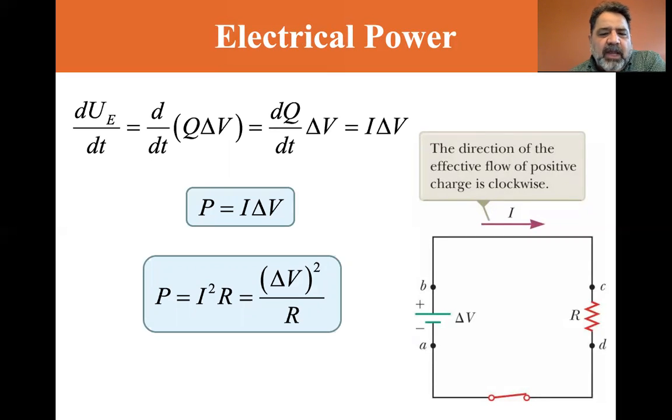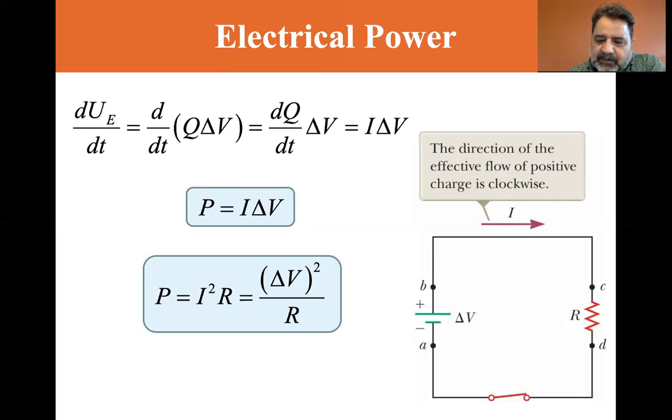Power is equal to I squared R, and it's also equal to delta V squared divided by R. And you can get these just from knowing Ohm's law from a couple of sections ago. So the rate at which the potential energy of a system decreases as charge passes through the resistor is the rate at which the system gains internal energy in the resistor. And the power represents the rate at which the energy is delivered to the resistor.